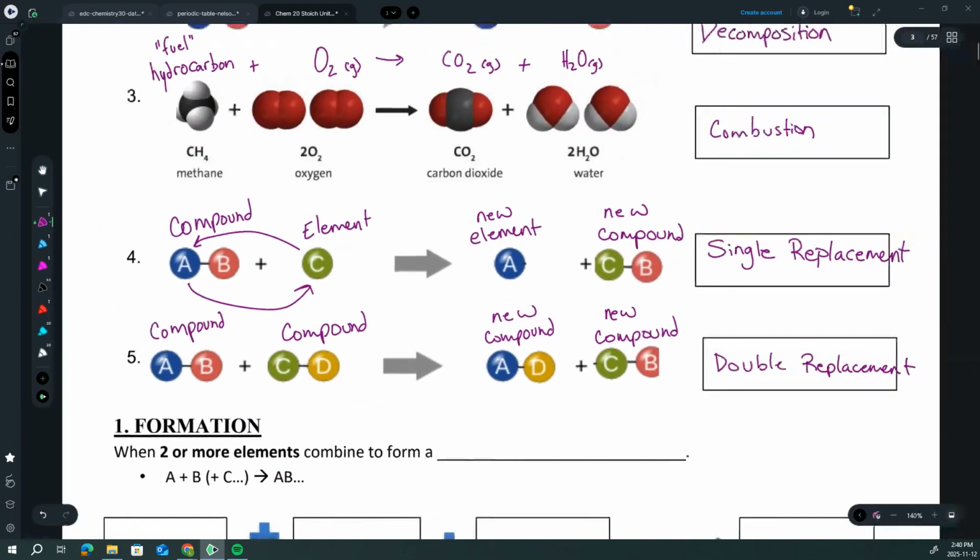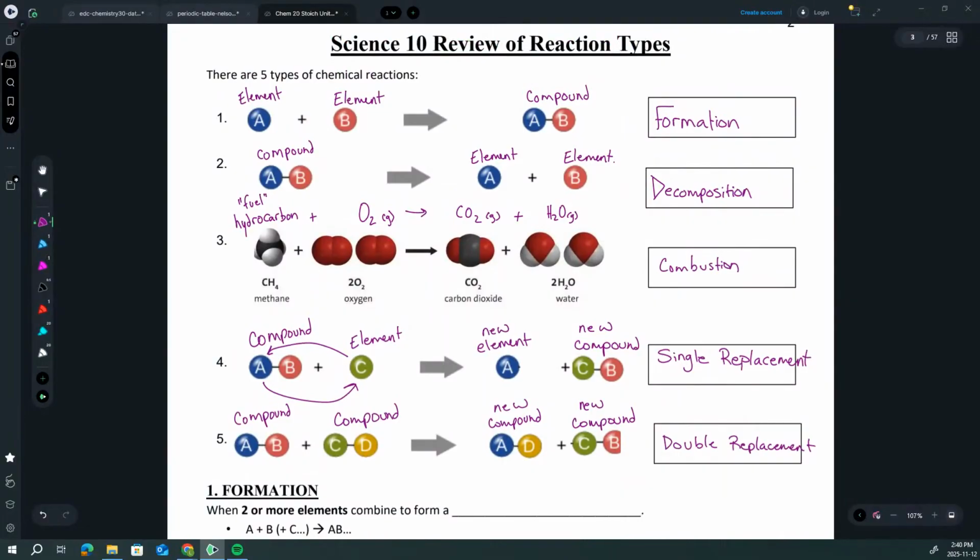Okay. So the reason why we're going over all of this generally is so that you can recognize these general reaction types to help you predict what the products could be. Because most of the time for chemical reactions, they will tell you what your reactants are, but not your products.